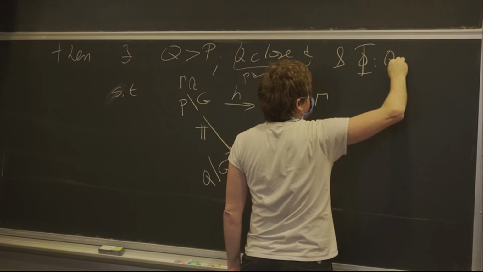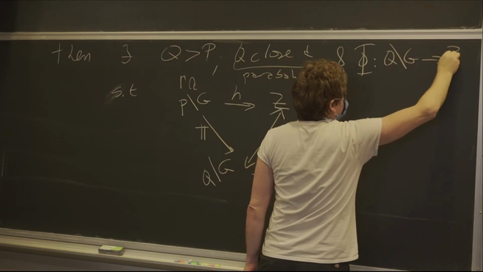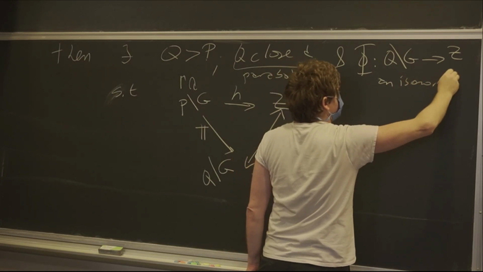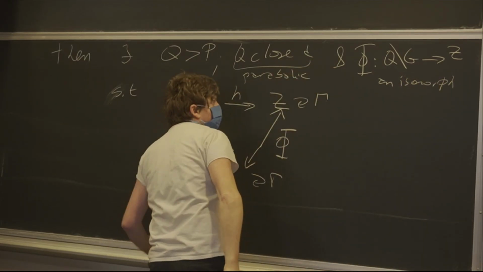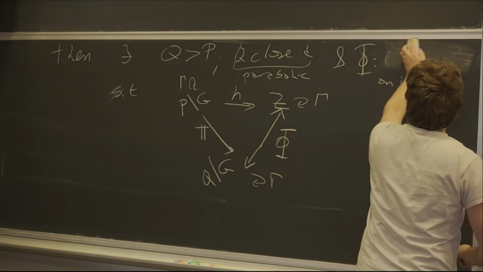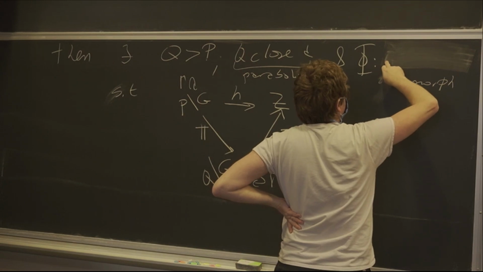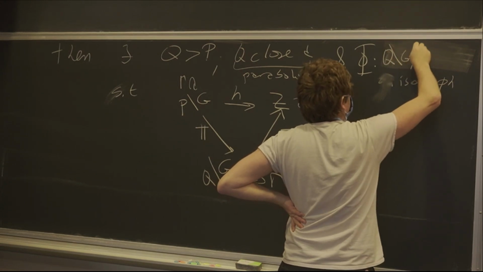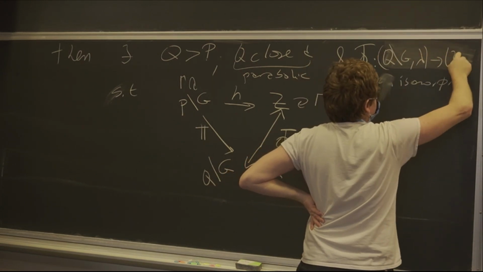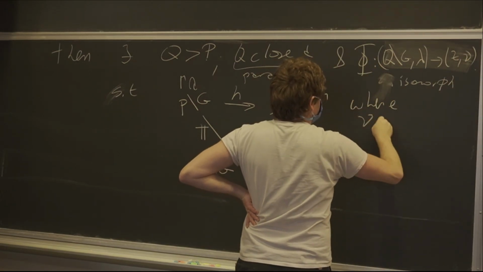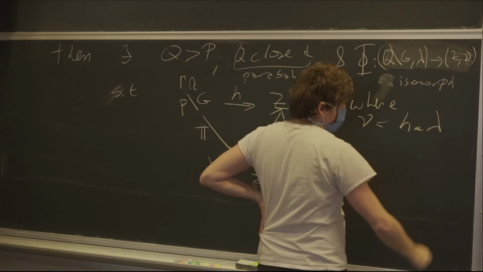From the isomorphism, actually, I want here Q mod G, lambda, Z, nu, where nu is H star lambda.